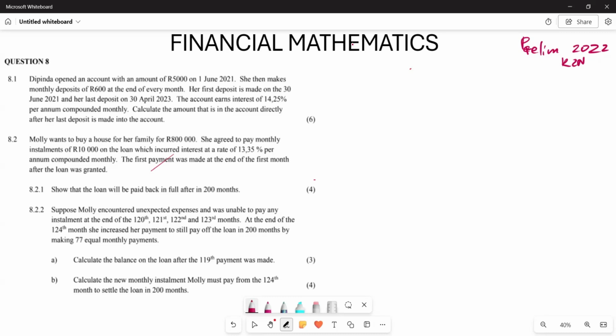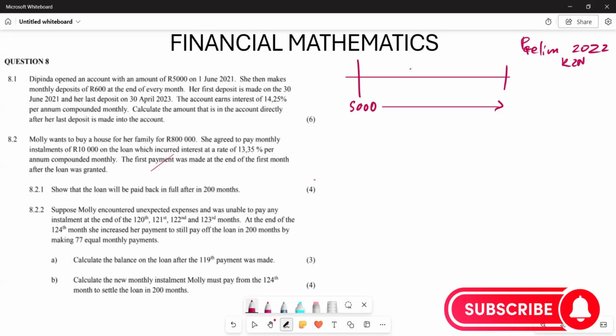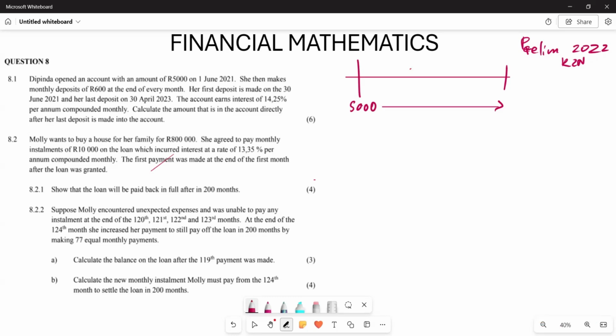Now I want us to have an understanding of this, so let's do our number line here. This person made a deposit of 5,000. After making the deposit, the 5,000 accrued interest up until the 30th of April.